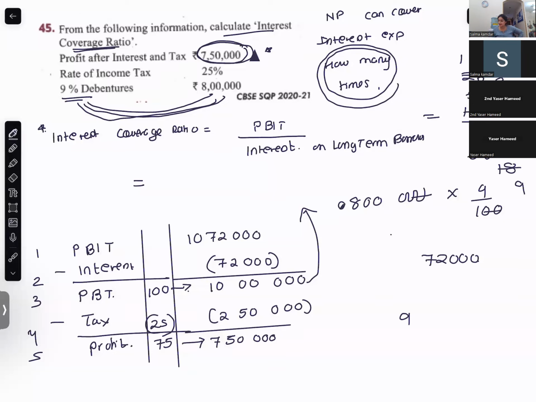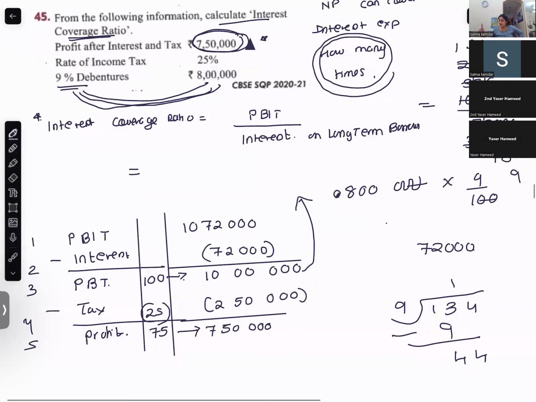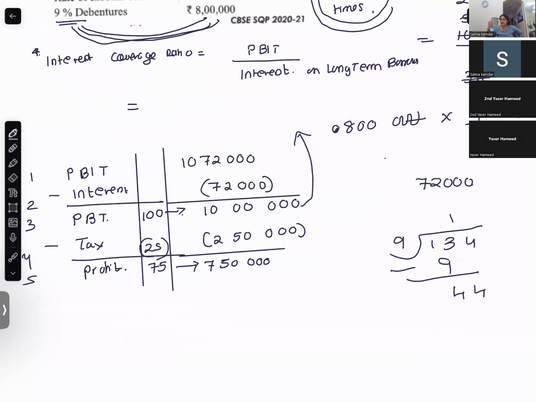Let's do 134 divided by 9. 9 ones are 9. 10, 11, 12, 13. 9, 18, 27, 36. 9 4s are 36. So I will have 8.